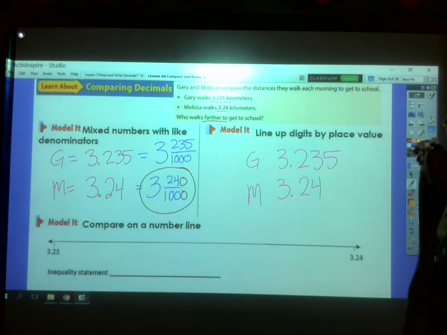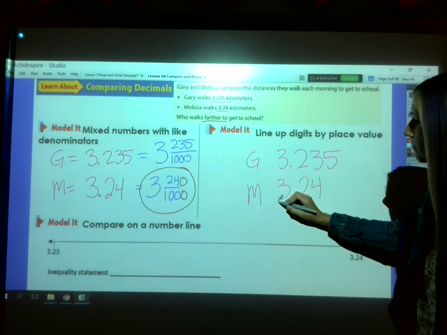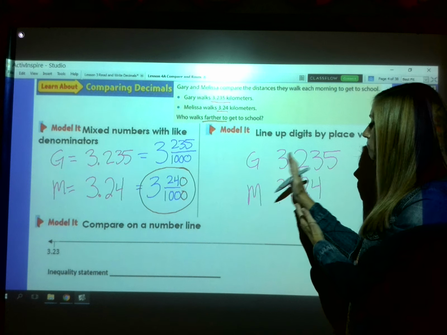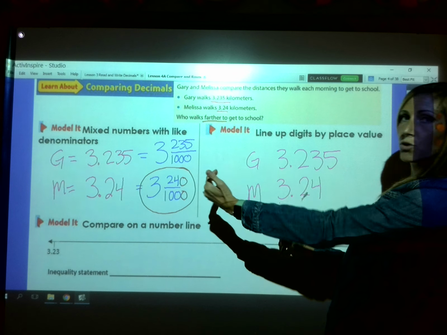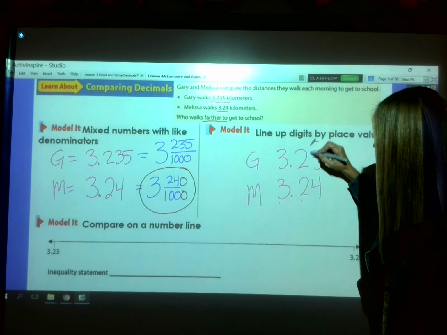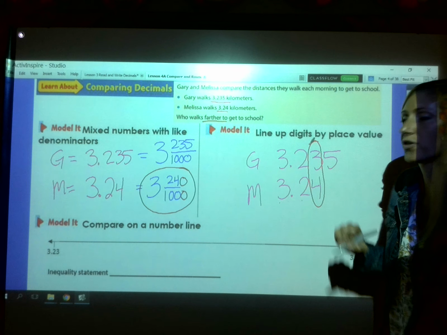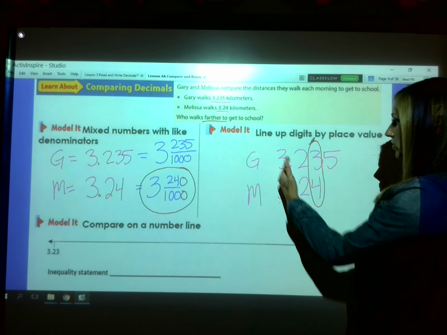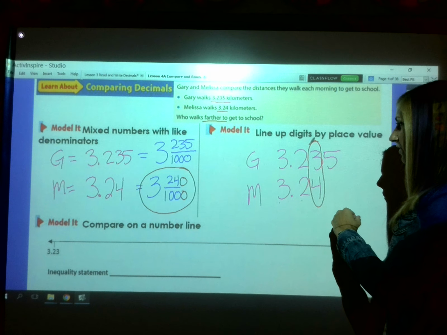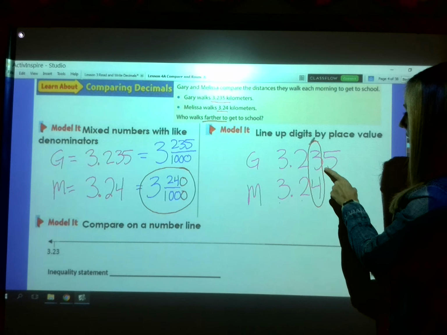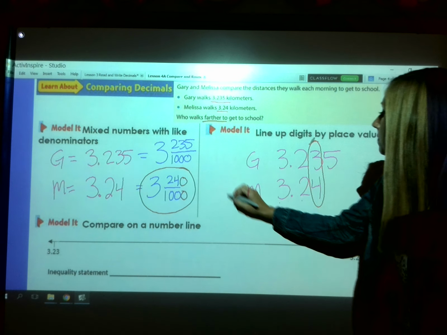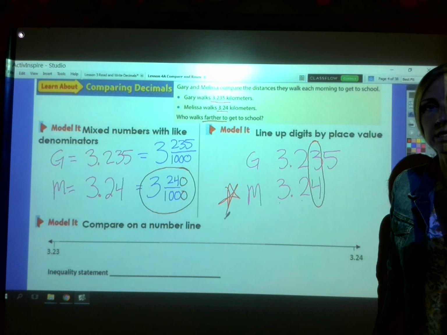So when we compare these, okay, they both have a 3. They both have a 2. Now, if it's a tie, we keep moving to our values to the right. And so those are the same. I always like to circle where there's a difference. So if the 3 and 2 tenths are the same, it's not until the hundredths spot that they're different. So I can see that the 3 versus the 4, which one's greater? Yep, Melissa still.